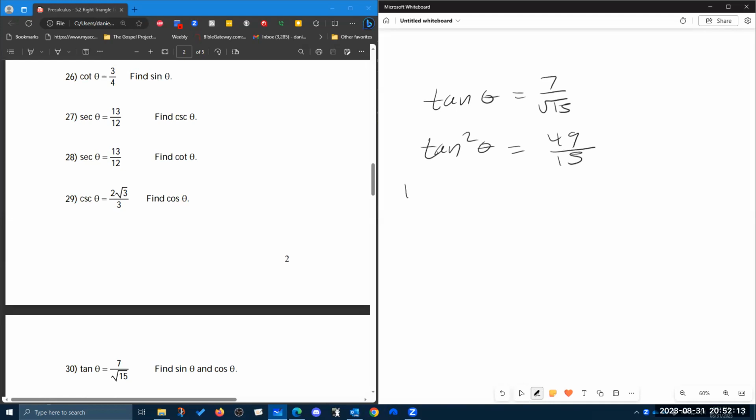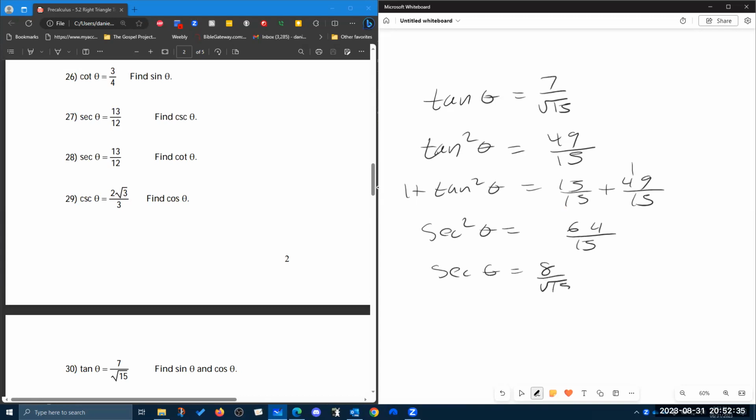If I add 1 to that, 1 plus tangent squared equals 15 over 15 plus 49 over 15. So secant squared is going to be 64 over 15. So secant is going to be 8 over root 15, which makes cosine root 15 over 8.